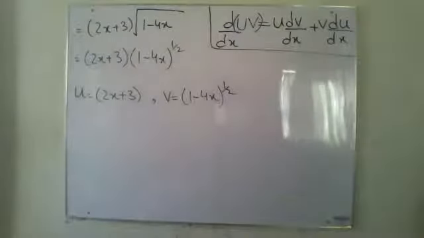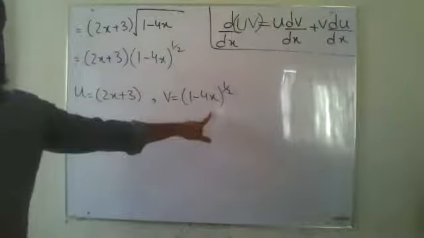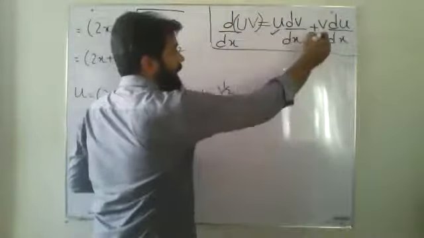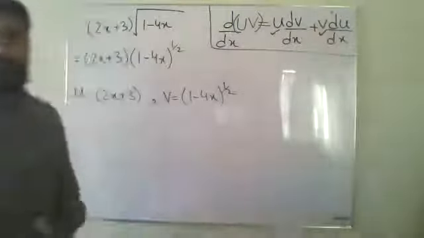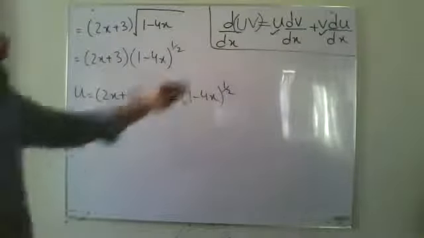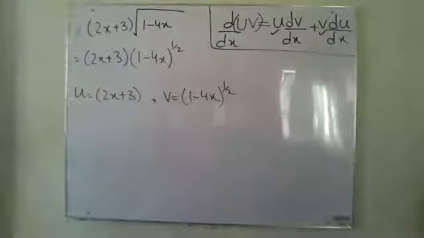I've written them separately because it is the start, and you are not very familiar with differentiation, that's why I'm doing it in this way. I've written my u separately, I've written my v separately. Now what is remaining? Differential of v with respect to x and differential of u with respect to x.